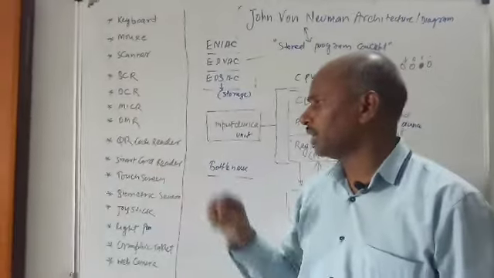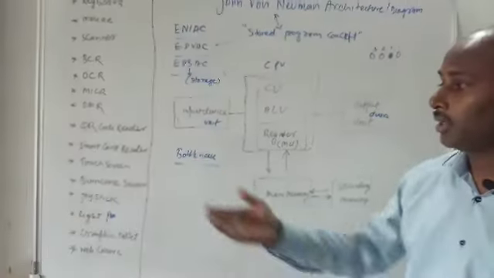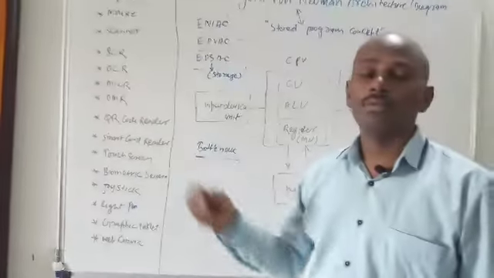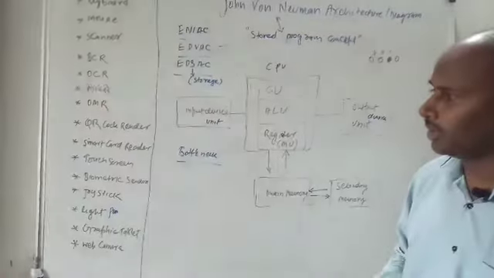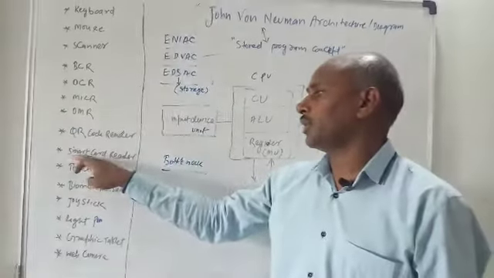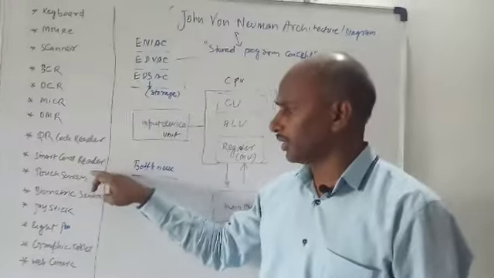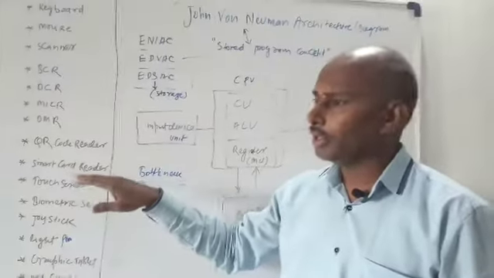Smart card reader, you have seen the POS machine, and this smart card reader is attached in a POS machine, and our ATM card is read by the smart card reader. This is also embedded in the ATM machine.